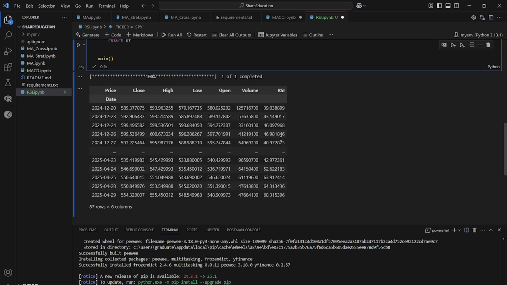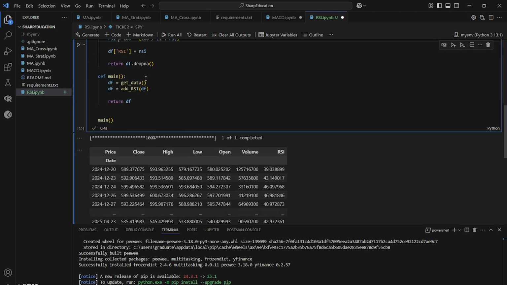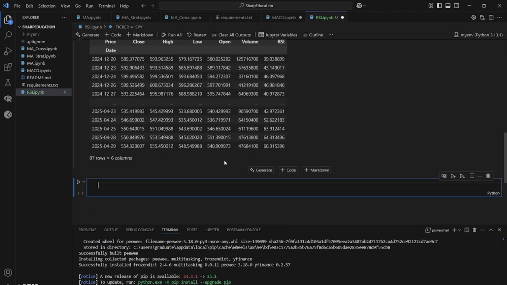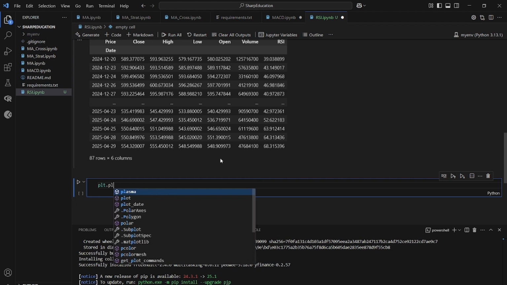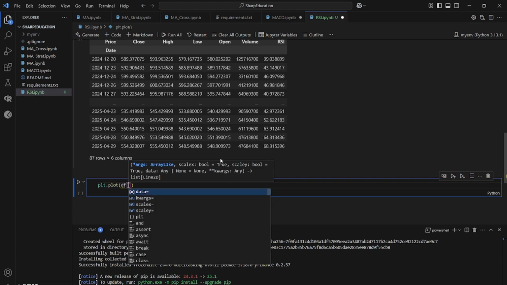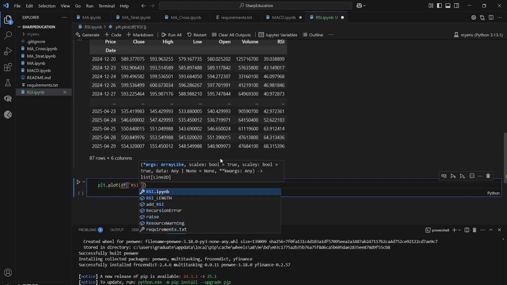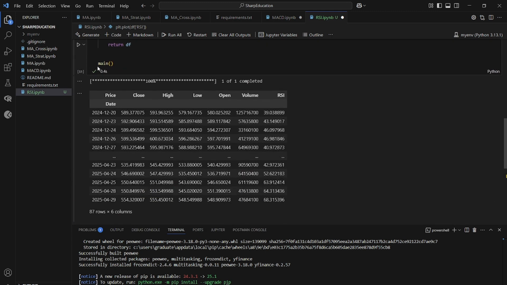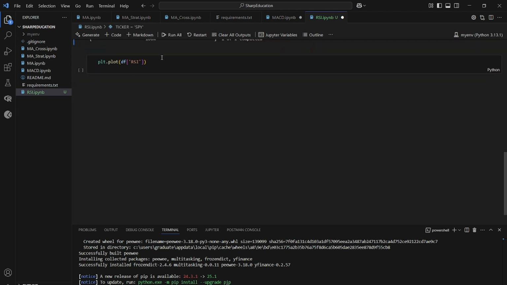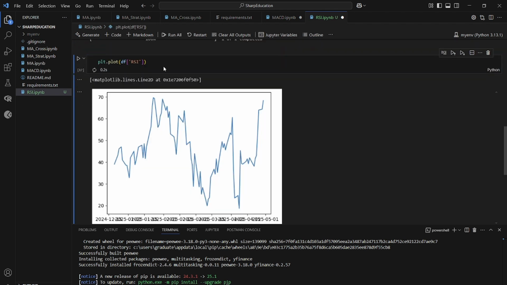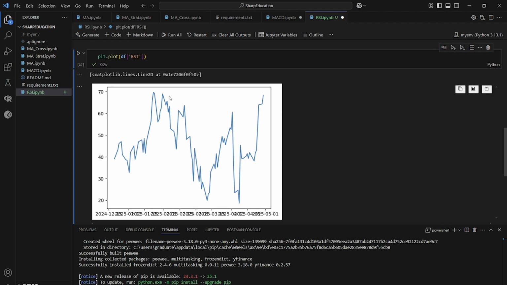Much better. Now you can see that the range we get is between 0 and 100. Perfect. Let's plot this. So just to add a little plot at the bottom, plt.plot, data frame, RSI. Let's just make df equals main. And if we plot the relative strength index, great.